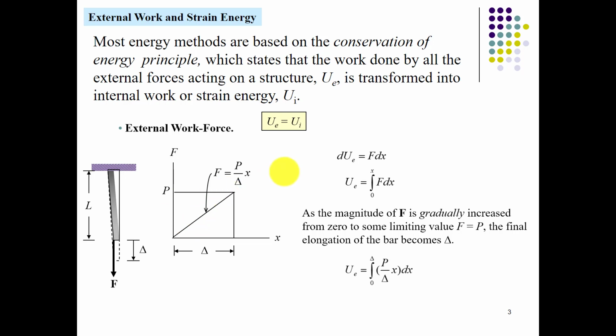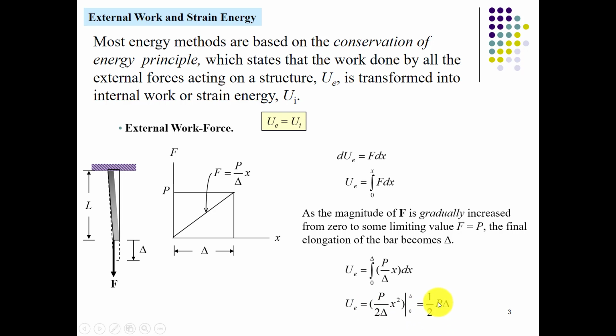So we can write the force in terms of deformation, like P over delta into X, and we can integrate this equation up to the total deformation which has occurred. So external work done would be half of P into delta.